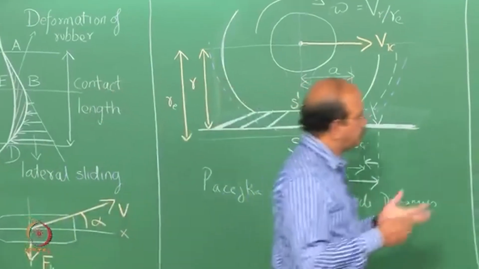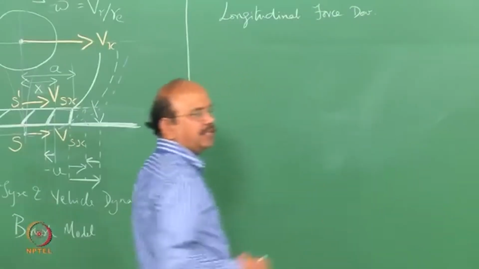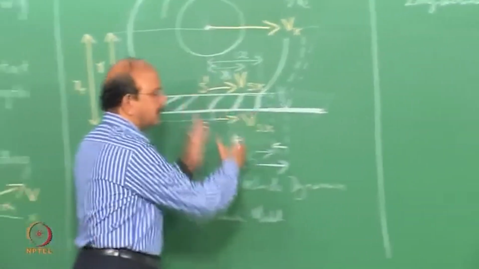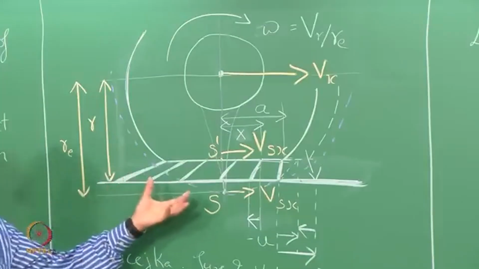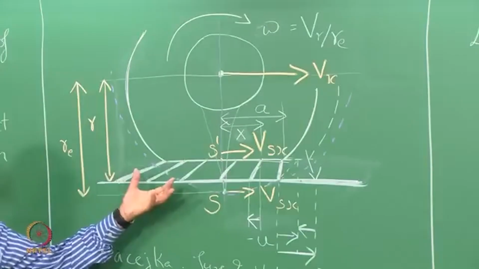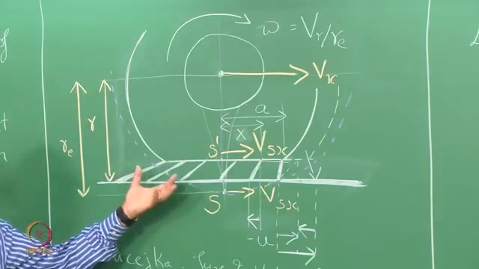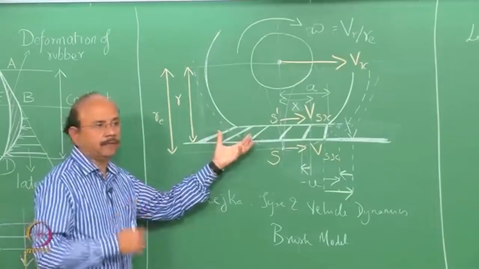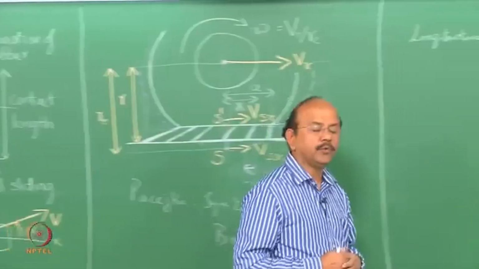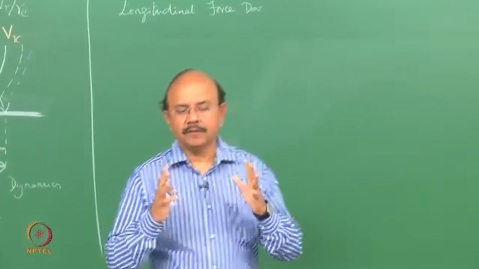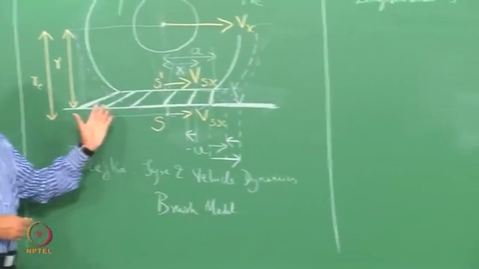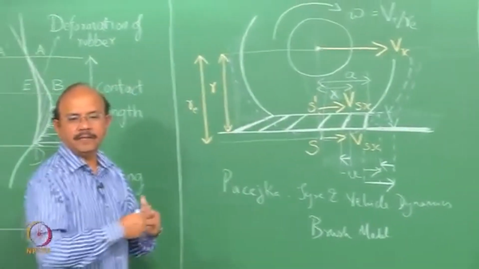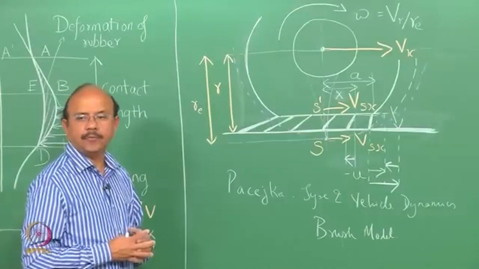We said that there is a region where the tire is going to stick to the ground, and there's a region after which, when the shear stresses exceed the frictional limit, mu into Fz, the normal force multiplied by mu or pressure multiplied by mu, then there would be a slip.